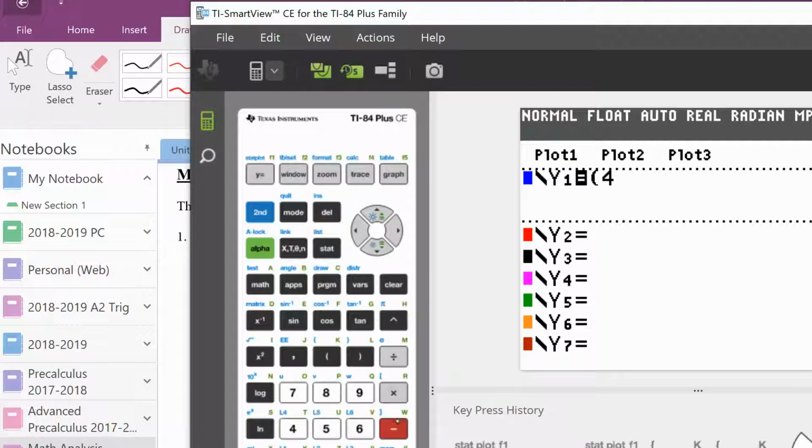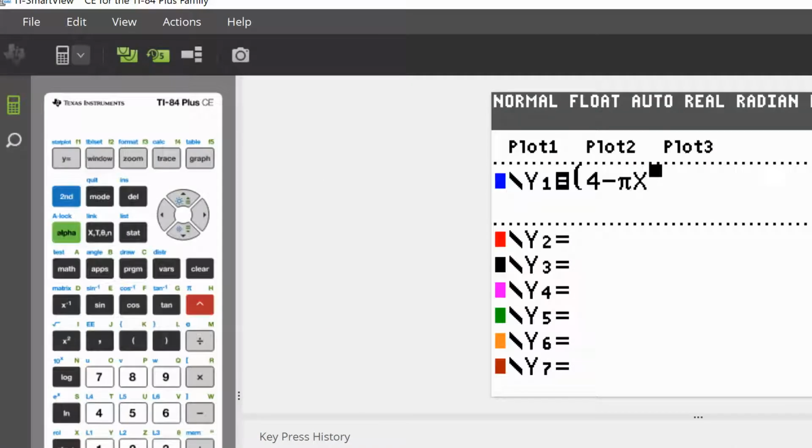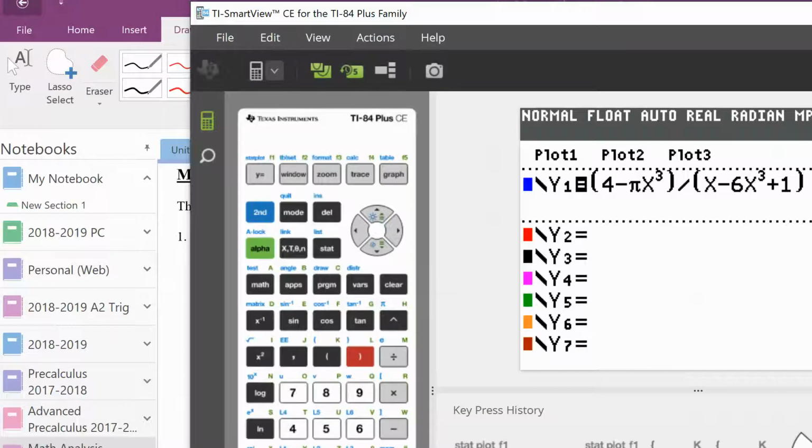So it's 4 minus pi n to the third, so we're going to say x to the third, divided by, and then it's x minus 6x to the third plus 1. And then we hit enter.